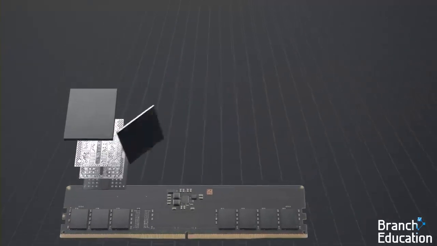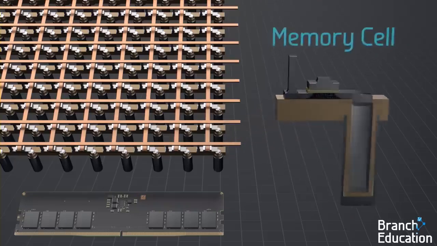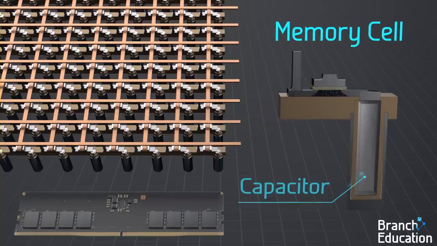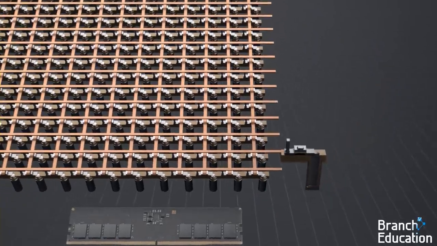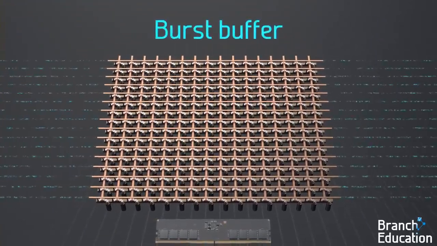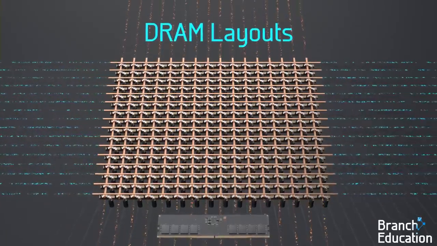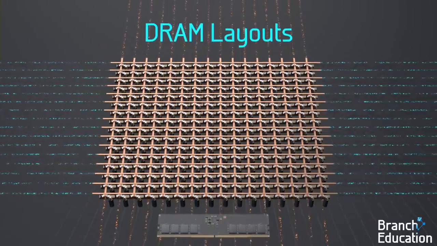In the process, we'll dive into the nanoscopic structures inside individual memory cells and see how each capacitor physically stores 1 bit of data. Finally, we'll explore some breakthroughs and optimizations, such as the burst buffer and folded DRAM layouts, that enable DRAM to move data around at incredible speeds.